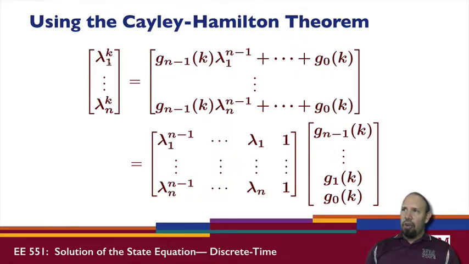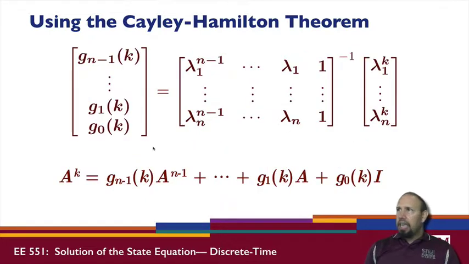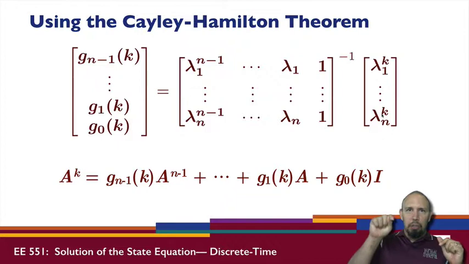And so taking the inverse then, I get this expression. Notice that this matrix is independent of k. There's no k that appears in here. The k values appear here. And notice basically we get powers of lambda. Lambdas to the power k. We saw that when we looked at our example of a to the k. We saw that example we had all of these numbers to the power k.